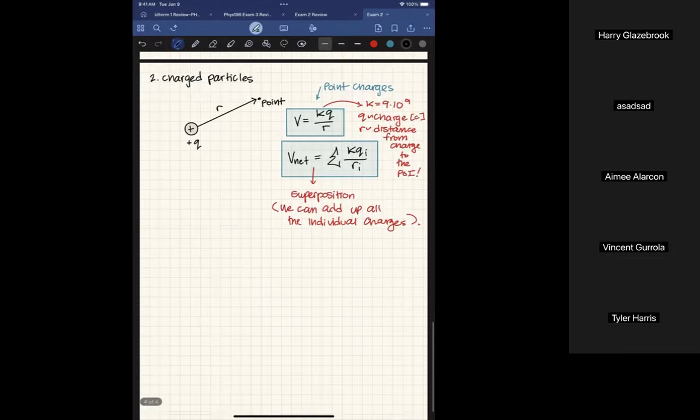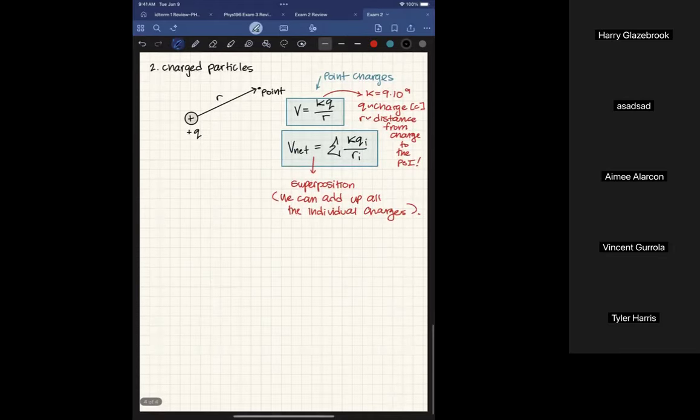Last but not least is electric potential energy of charged particles. So if I have, let's say, two particles in space here, I'm going to call this Q1 and this Q2.